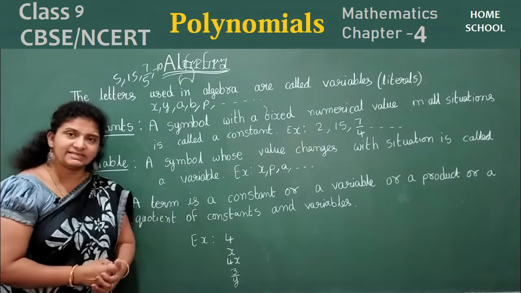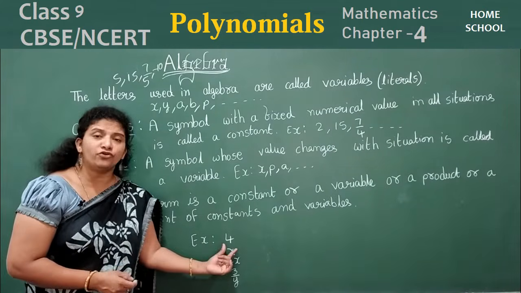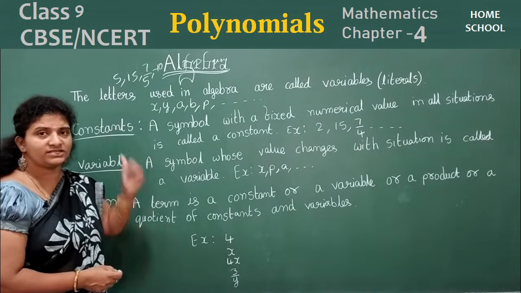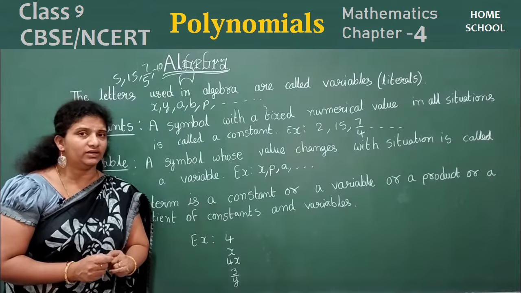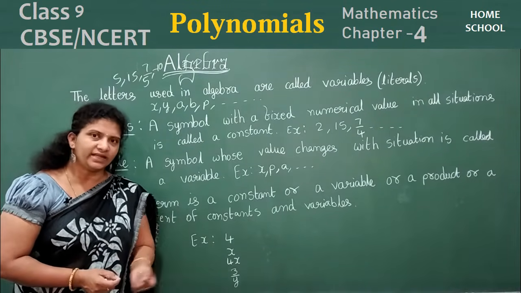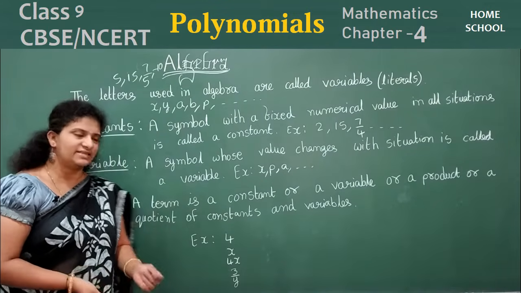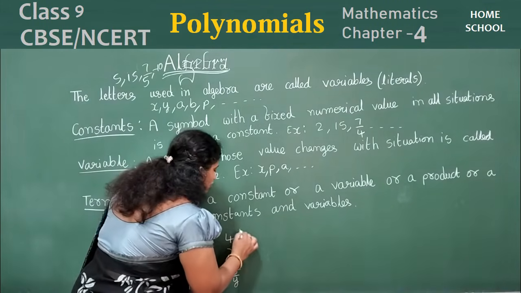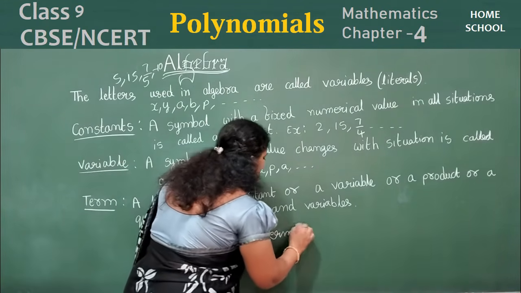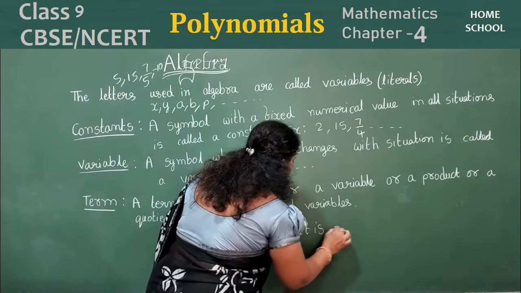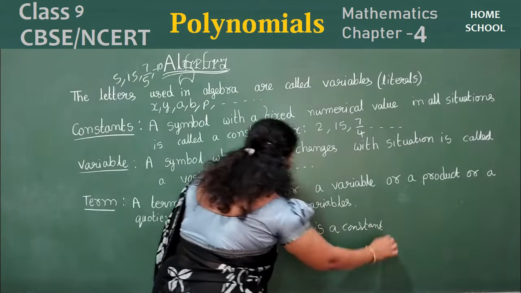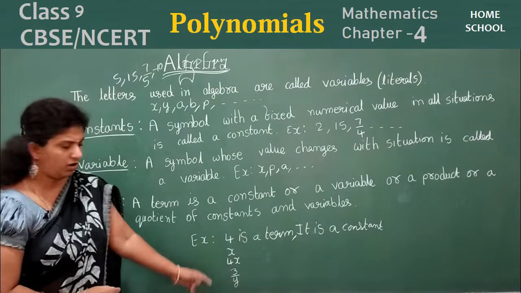So let's see the examples here. What is 4, children? According to these points, you say 4 is a constant number. Okay. It is a term. Though it is a number, I call it a term. 4 is a term and it is a constant.